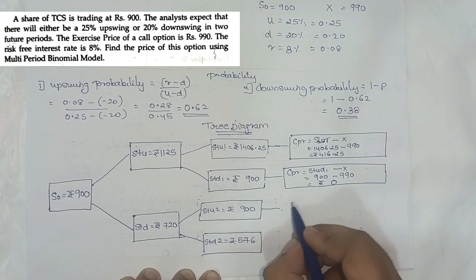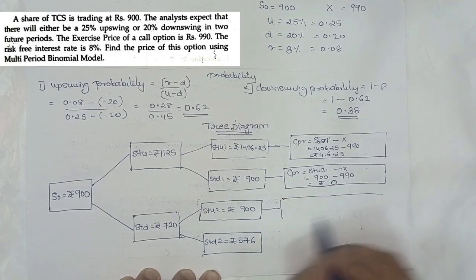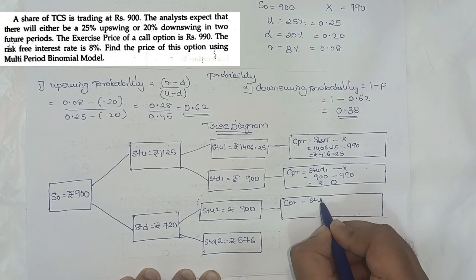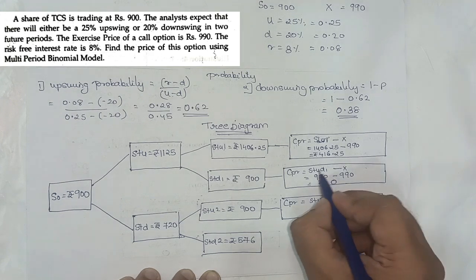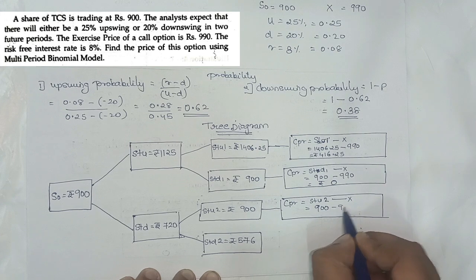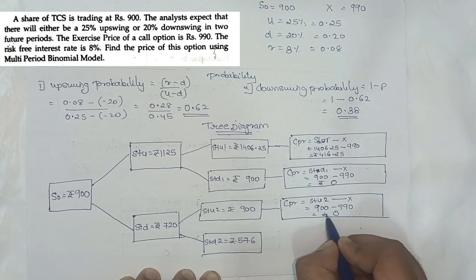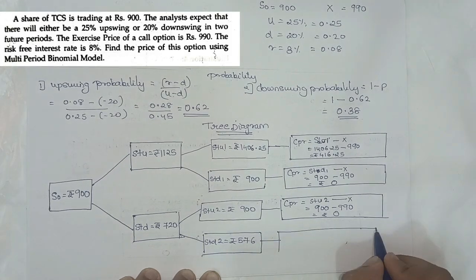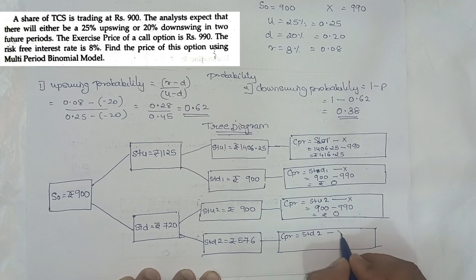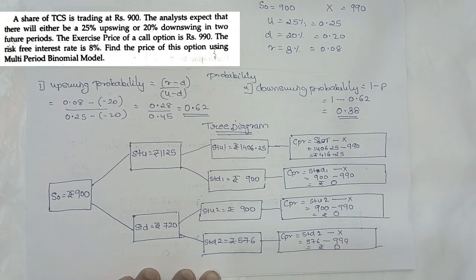In the third case, again call profit is STU2 minus X. That will be 900 minus 990, so that's negative, and the answer becomes 0. And last, STD2 minus X. Here it will become 576 minus 990, again a negative value, so the value becomes 0.